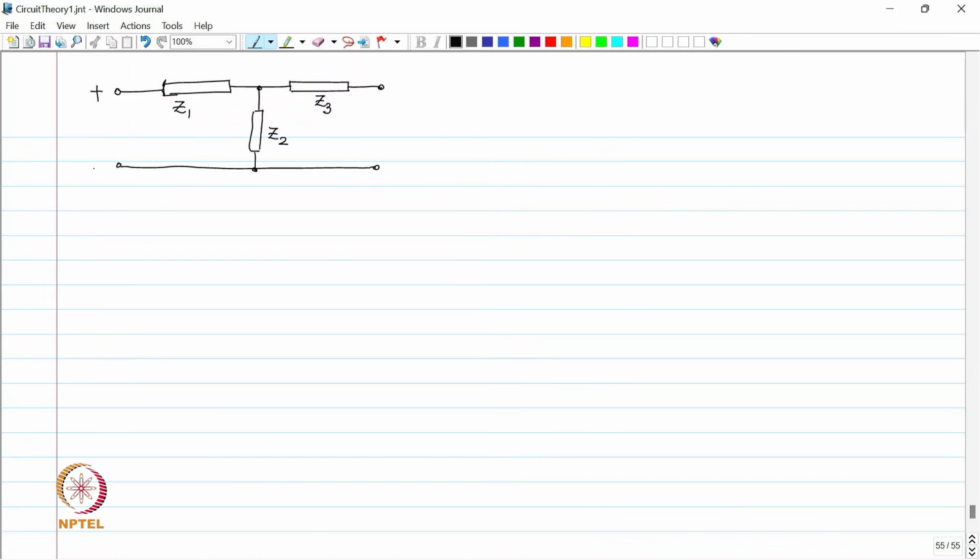Of course, this is my port 1 and this is port 2. Okay. And this particular network, the shape of it is like a capital T. So, it is called a T network.